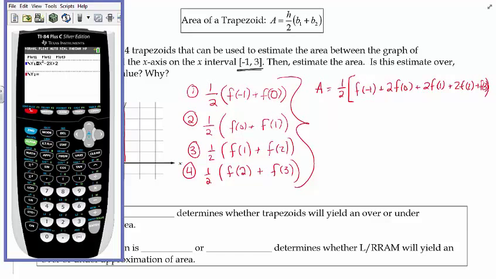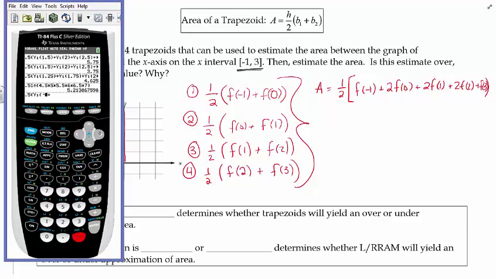So in my y equals, I've got the equation of the graph. And I'm going to do 0.5 times vars, y vars, function, y1, of negative 1.